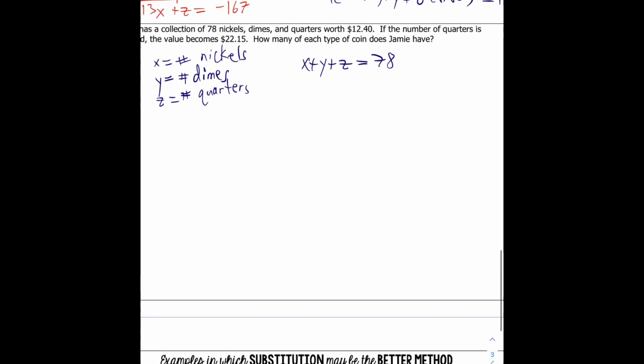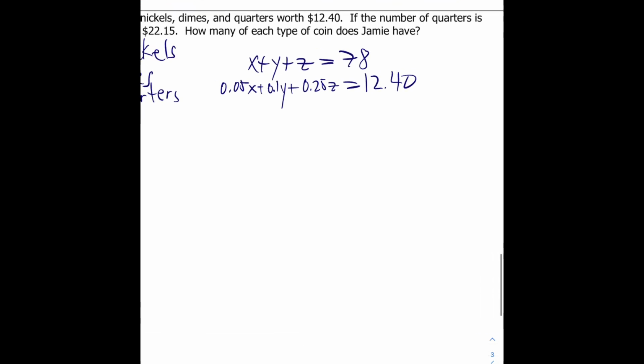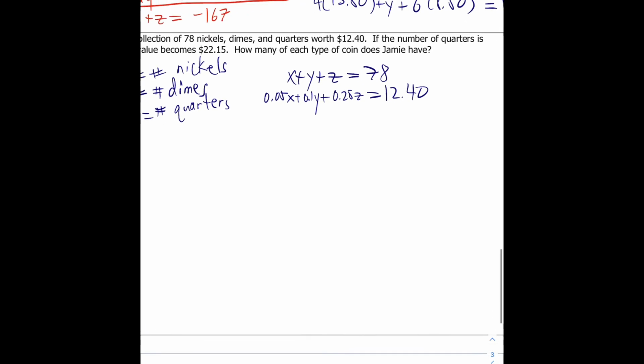Okay? And it's worth $12.40. So that means if you do $0.05 times the number of nickels he has, plus 0.1 times the number of dimes he has, plus 0.25 times the number of quarters he has, that equals $12.40. So that's our second equation here. Woof. Okay. And then the number of quarters is doubled.